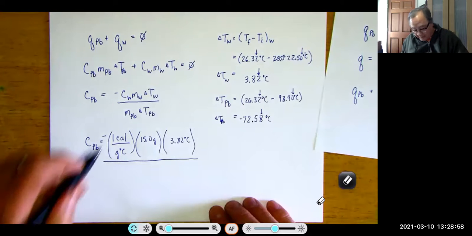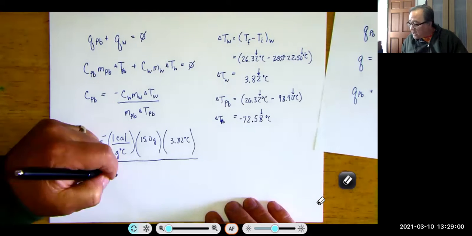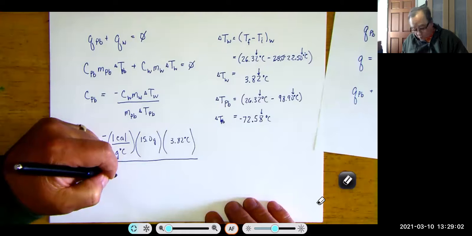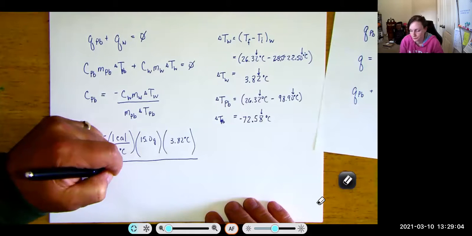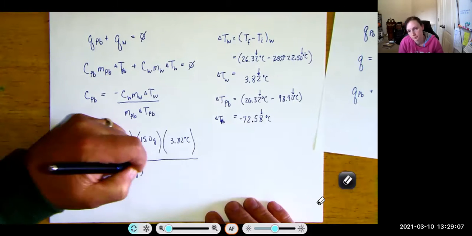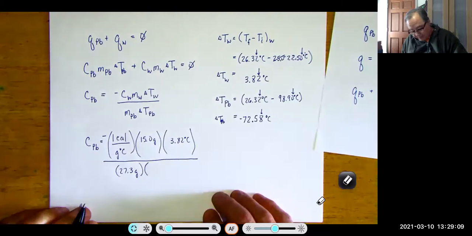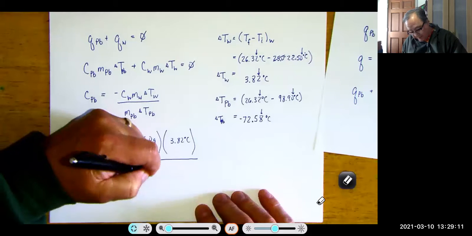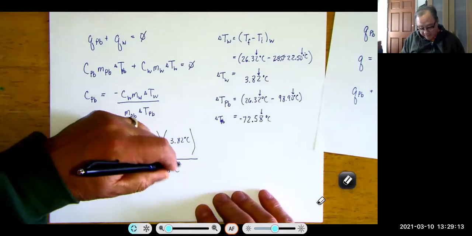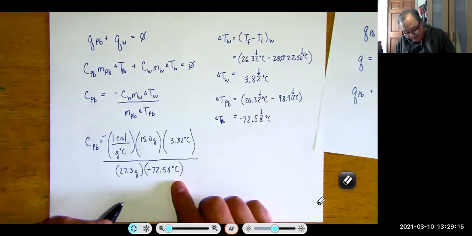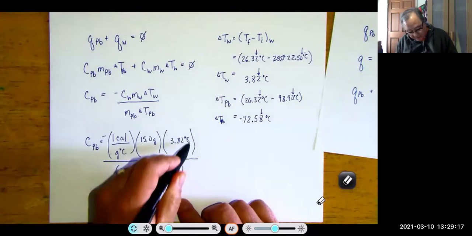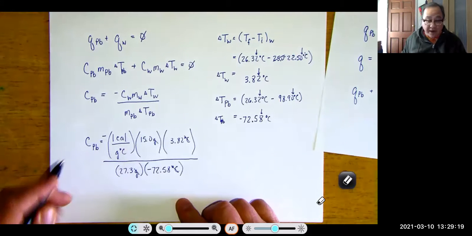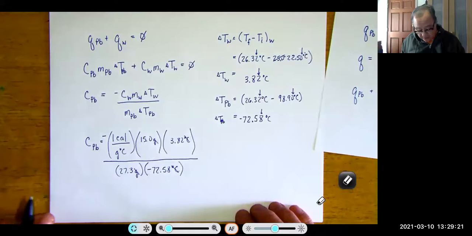The mass of the lead was 27.3 grams. And the change in temp of the lead was minus 72.58 degrees Celsius. And if we take a look at this, can you see how the degrees Celsius cancel here? The grams cancel here. And our units are calories per gram degree Celsius. Those will be the final units.